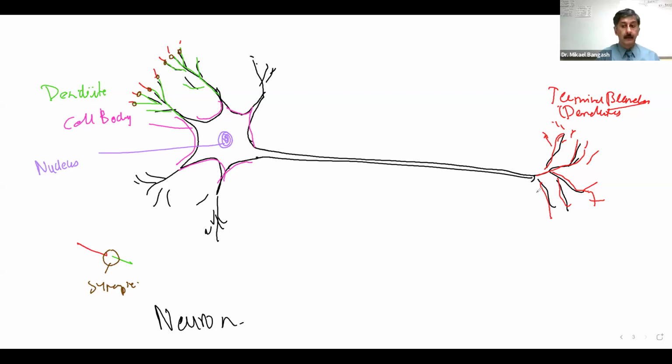But likewise, this nerve here is going to be sending signals on to other nerves. So, of course, there will be other dendrites from other nerves that will form similar synapses. Did you guys get that?